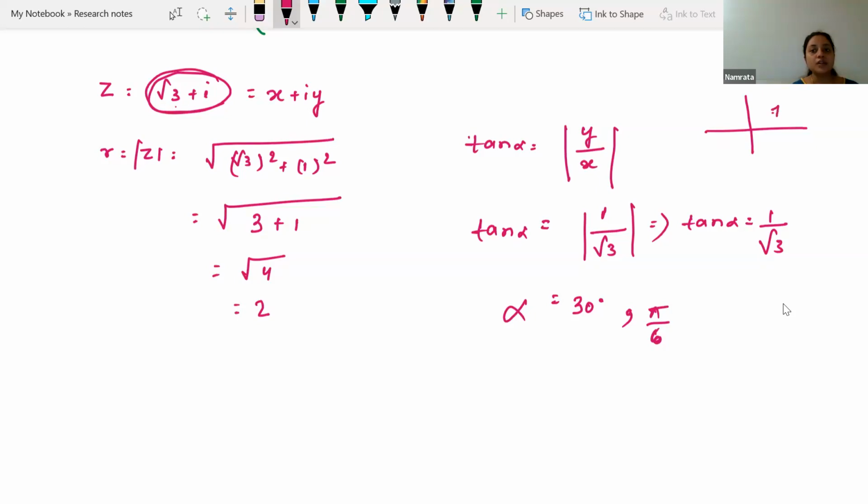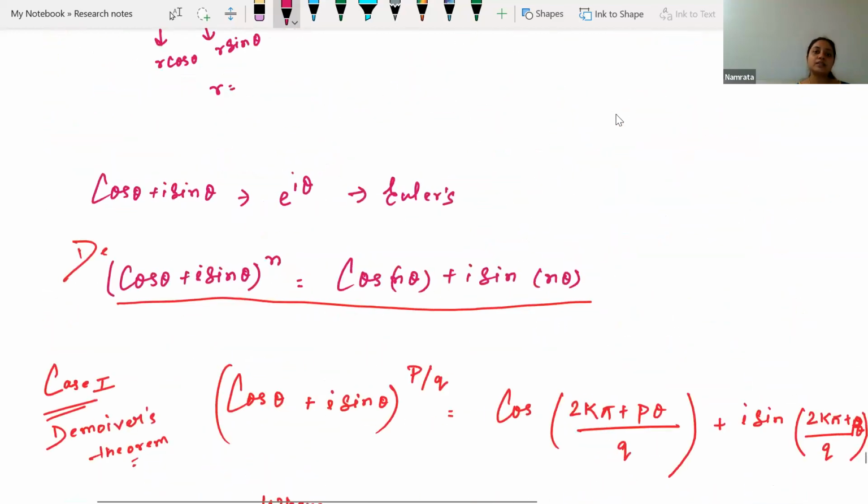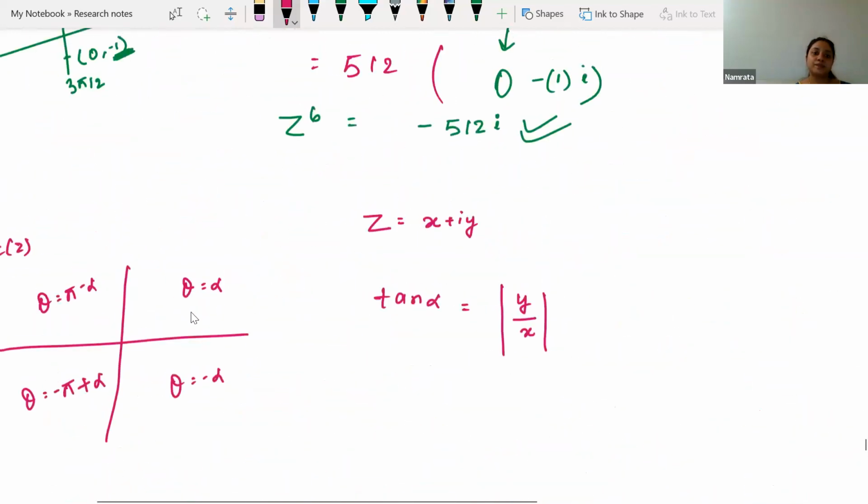And in the first quadrant, theta is equal to alpha. We don't have to add pi or subtract pi or do anything. If it's in the first quadrant, whatever alpha we have got, that is theta.